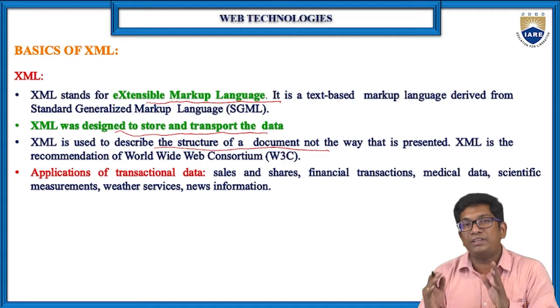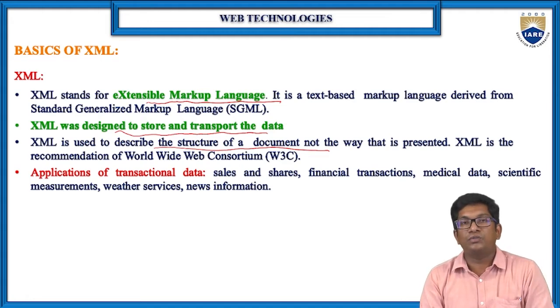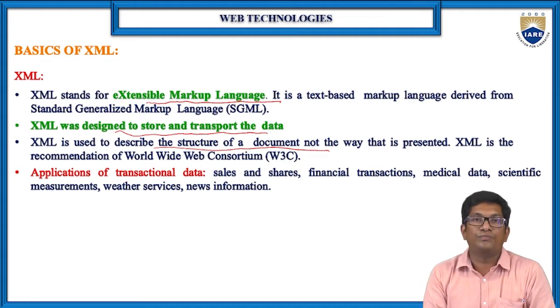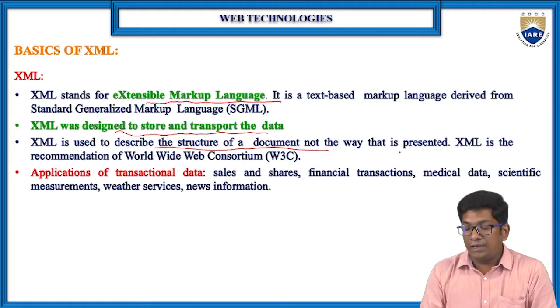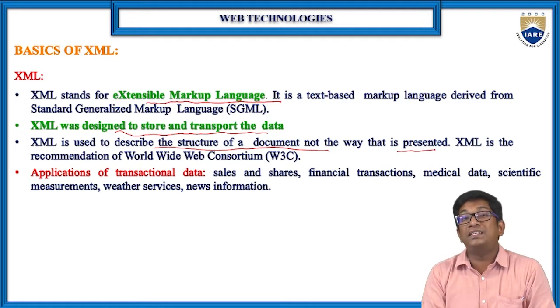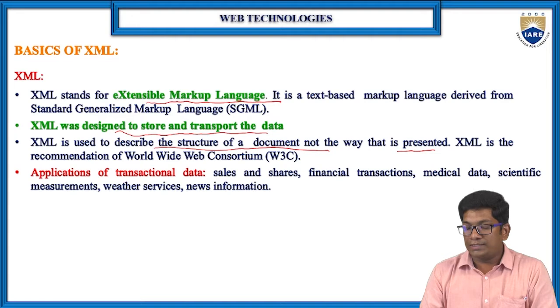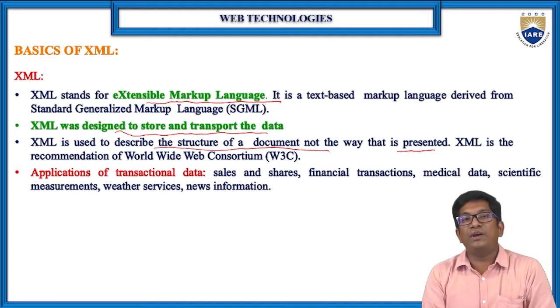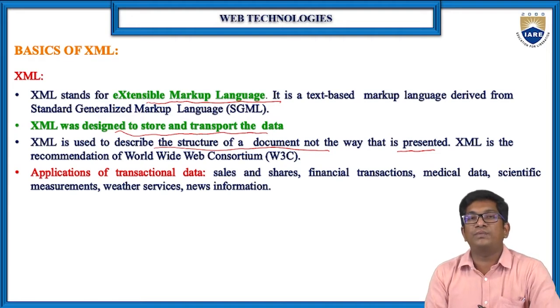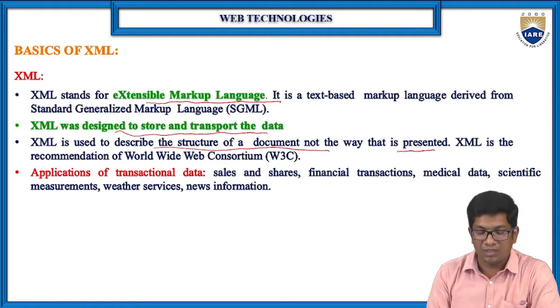What data to store is described by the XML document. But HTML is used to present the data. XML is a recommendation of the World Wide Web Consortium, that is, recommended by W3C.